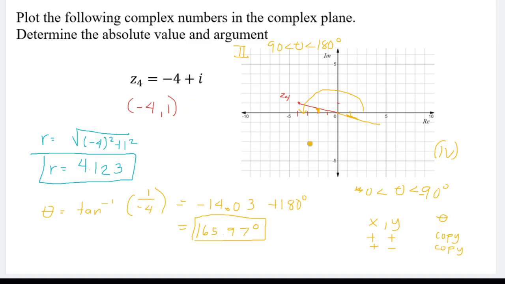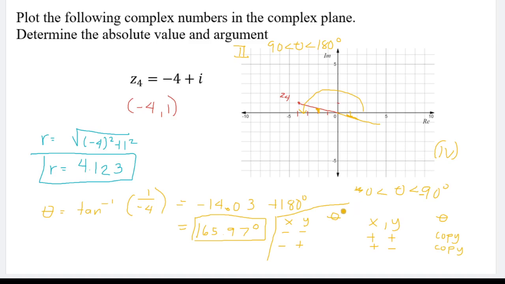Pero iba na pag ang x mo ay negative. So, lagyan natin ng pagitan lang. Pag x mo is negative and your y is positive, anong ginagawa natin sa theta?